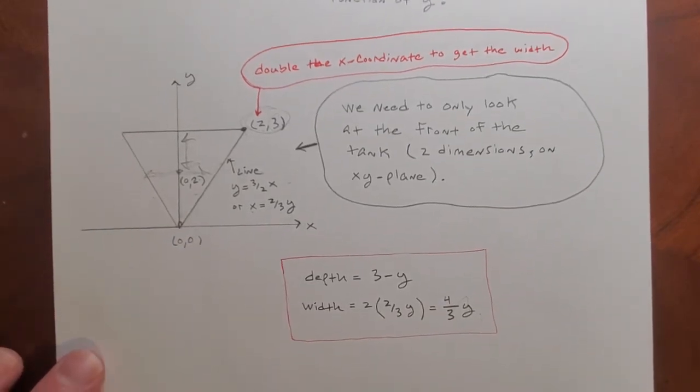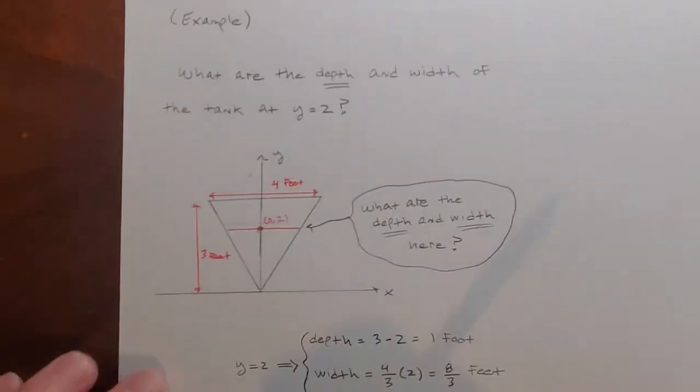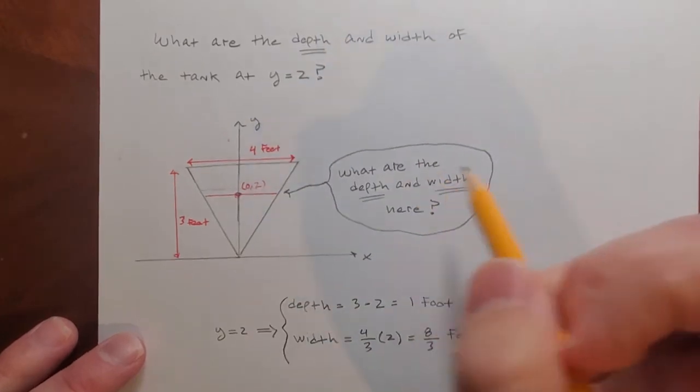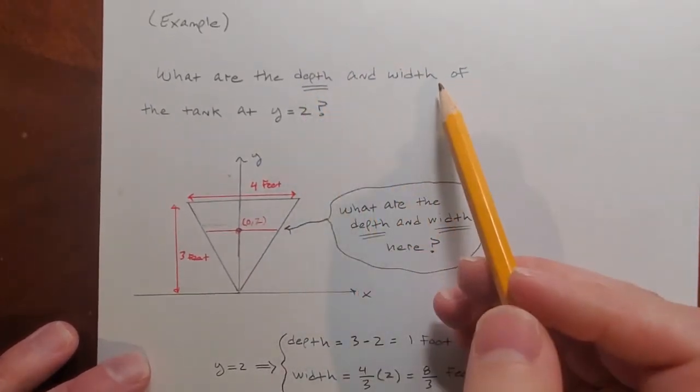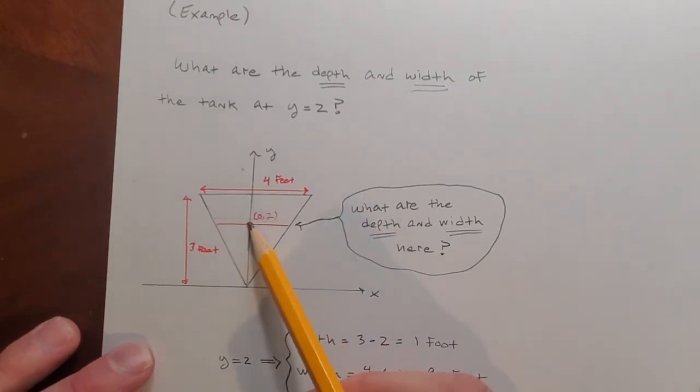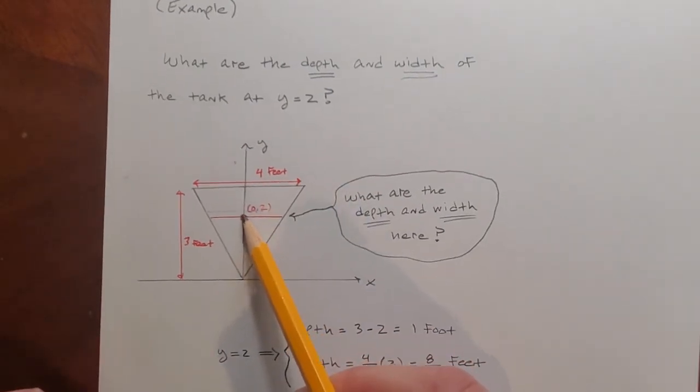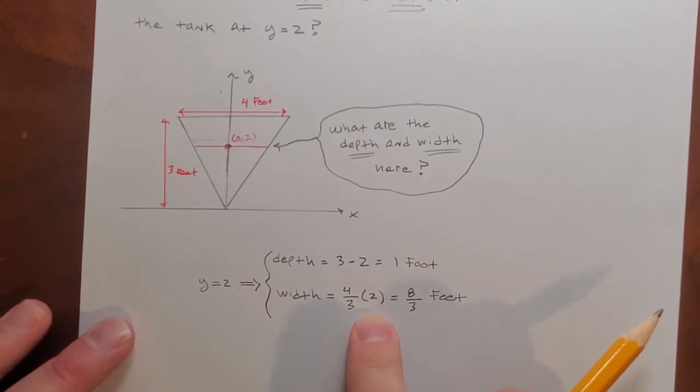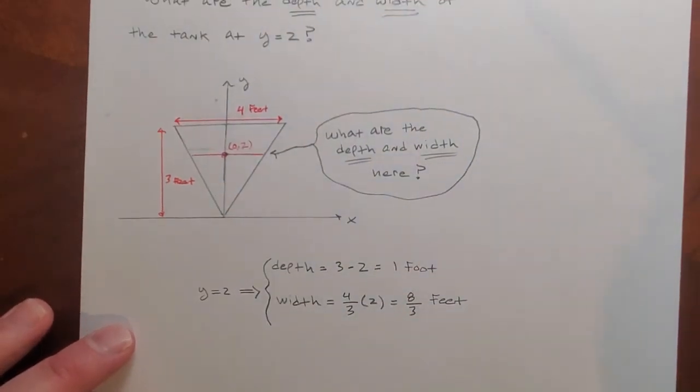Suppose I actually did give you that point. Let's take this same shape, and I ask: what are the depth and width of the tank at the spot where y is 2? If you're right here in that tank, what would the depth and width be? I had those formulas. The depth was 3 minus y, and the width was 4/3 times y.